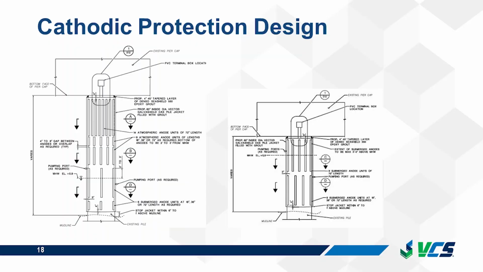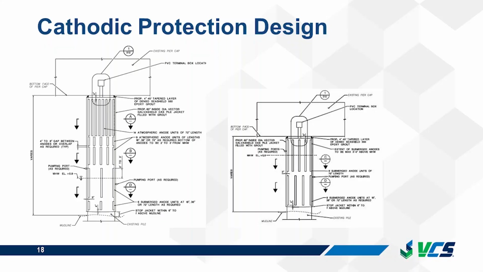This slide shows an example of non-structural jacket CP design. The short pile that you see here is a pile that was only exposed to submerged and tidal zones. And this type of pile only used marine anodes. The longer pile was also exposed to atmospheric exposure at the top of the pile.